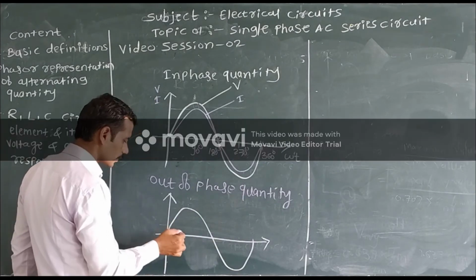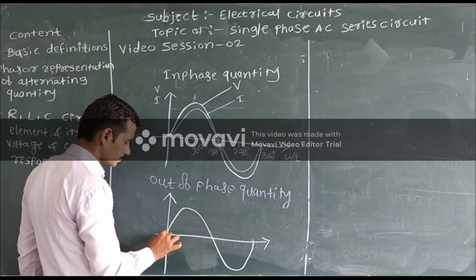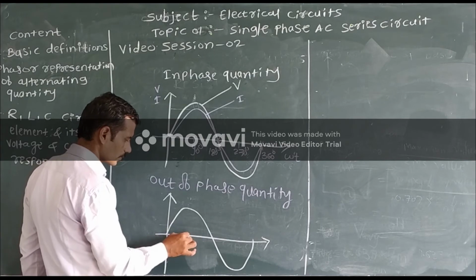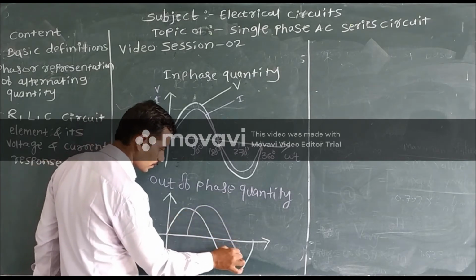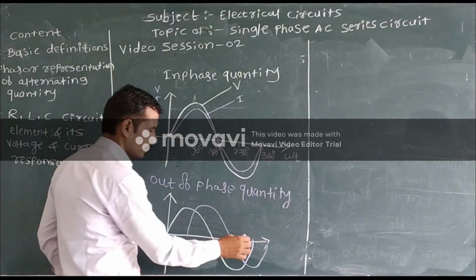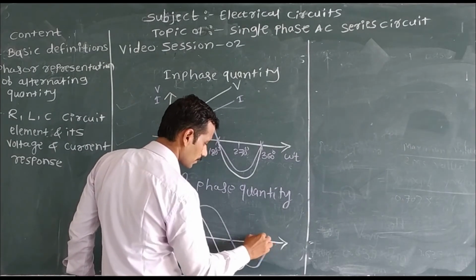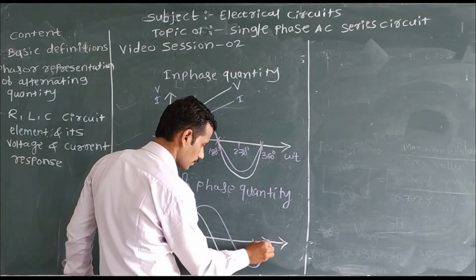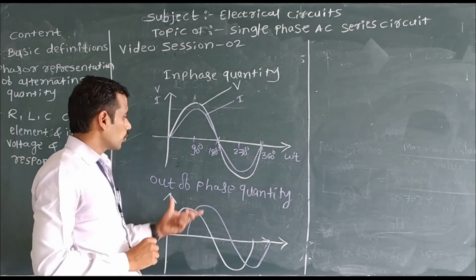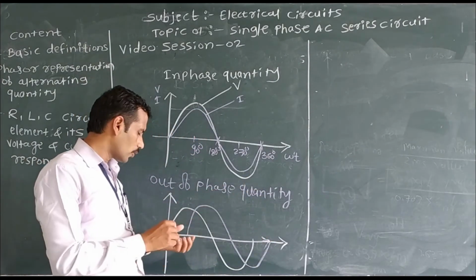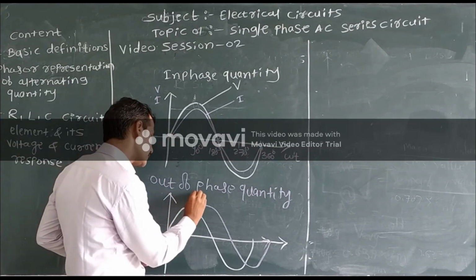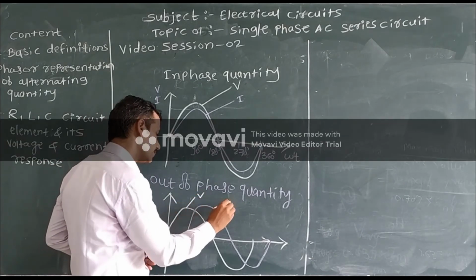Second we will draw current. In out of phase quantity, again this is voltage and this is current.